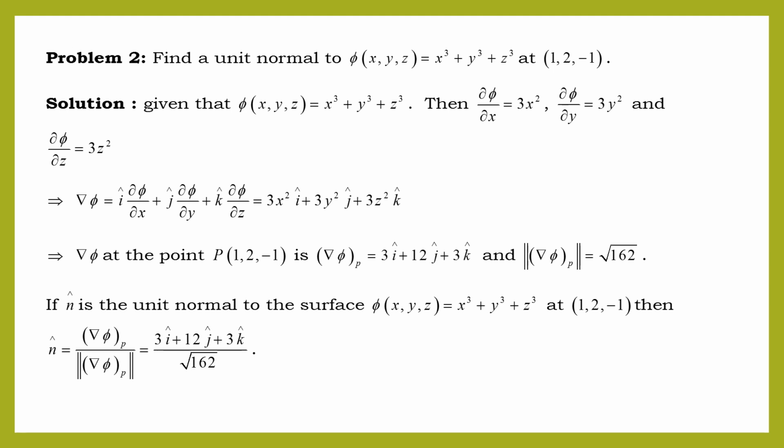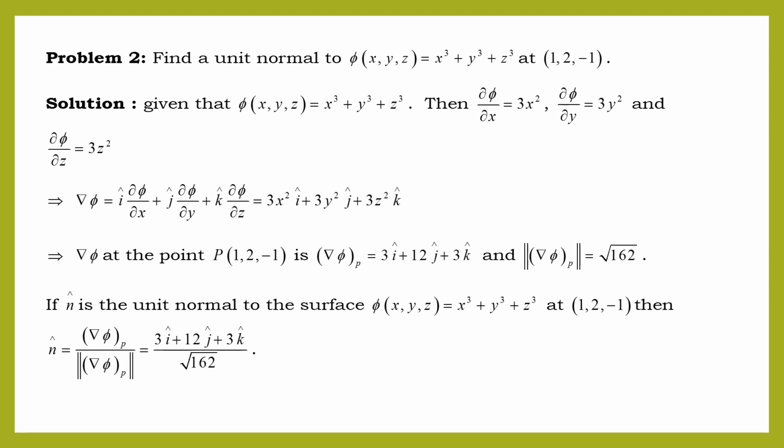But we want this gradient at the given point (1, 2, -1). So here the x value is 1, the y value is 2 and the z value is -1.